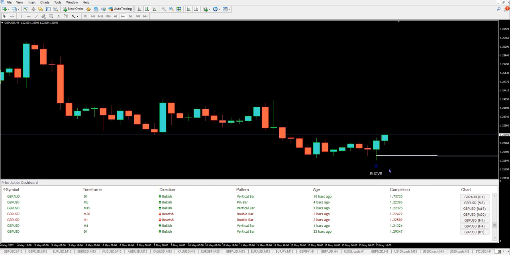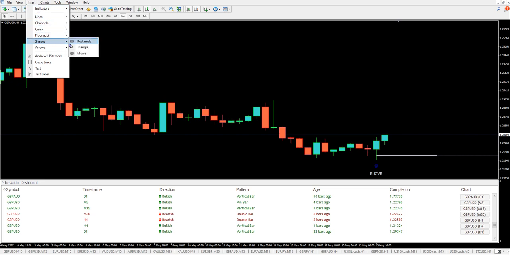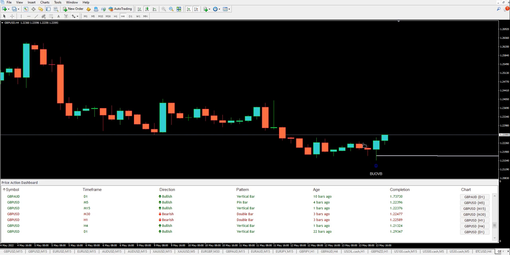So it's confirmed a zone here, but it's also now even confirmed this zone, since we've broken above this bearish candle, that's now confirmed as a demand zone.